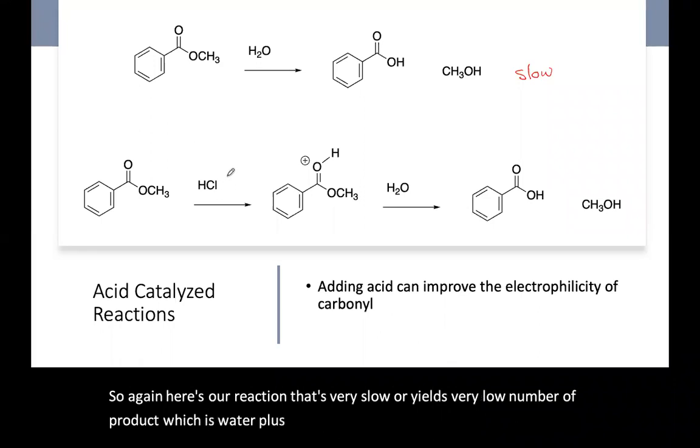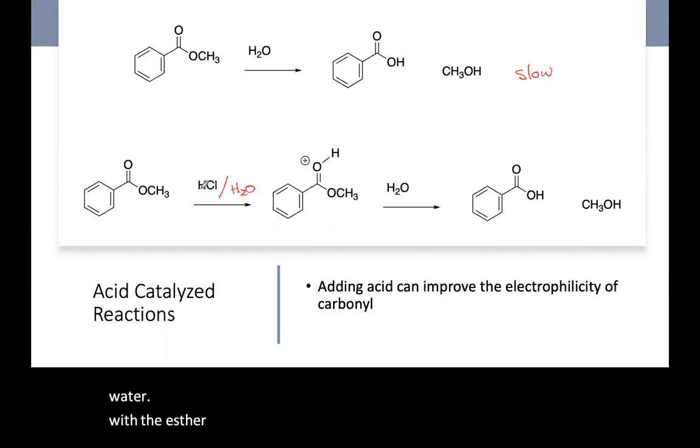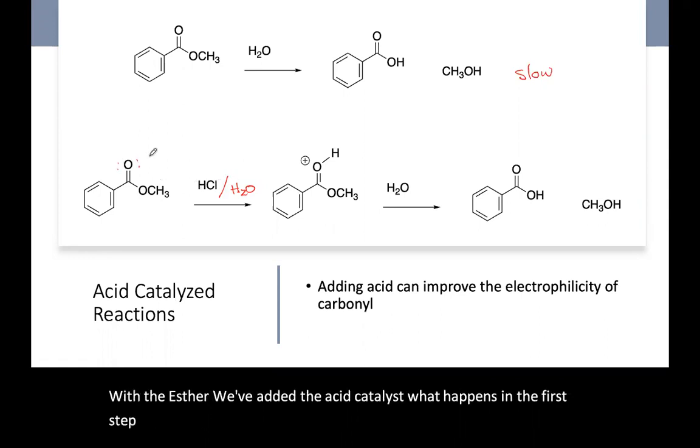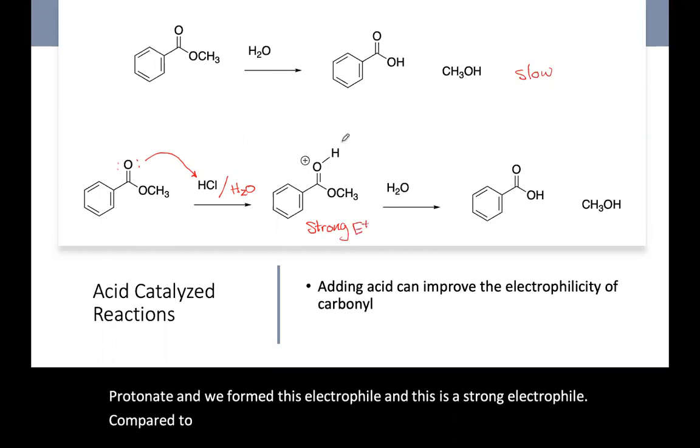But if we did instead add the HCl in water with the ester, we've added the acid catalyst. What happens in the first step is that the carbonyl protonates, and we form this electrophile, and this is a strong electrophile compared to the medium electrophile that was over here.